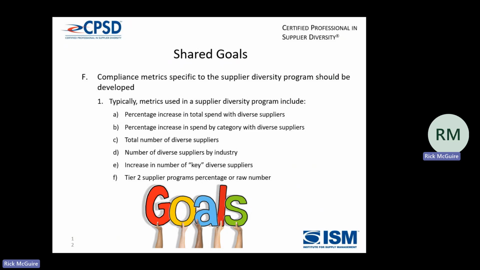Total number of diverse suppliers and percentage of all suppliers. Number of diverse suppliers by industry, increase in the number of key diverse suppliers, and tier 2 supplier program percentage or raw numbers. How are your tier 1 suppliers working their programs?